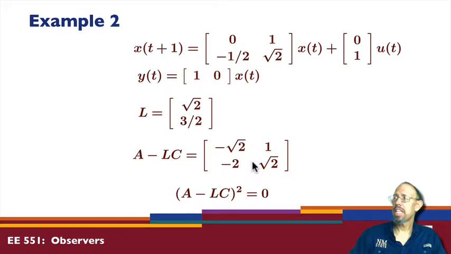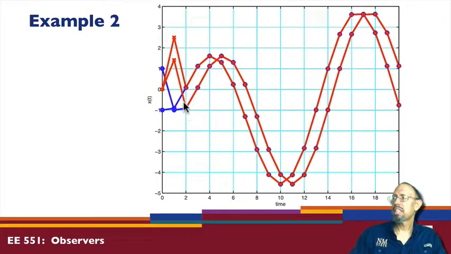And so when we simulate that, this is what we get. In this case, we're actually going to simulate it with an input that I think is a sinusoid. You can see again there's some transient response associated with the system and the states, but notice that after 2 steps, the estimate locks onto the state.